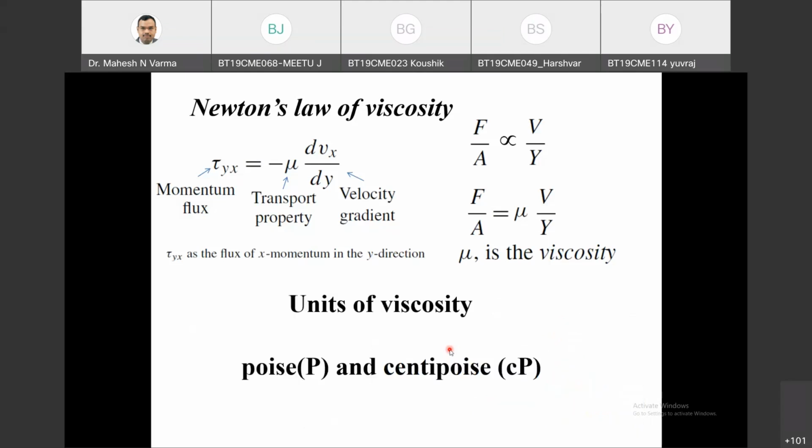The units of viscosity are poise and centipoise. Which is the CGS unit and which is the MKS unit? Roll number 53, Shivam. Yes, sir. Viscosity is generally referred to in two units, poise and centipoise. Which is the CGS unit of viscosity? The CGS unit is poise.